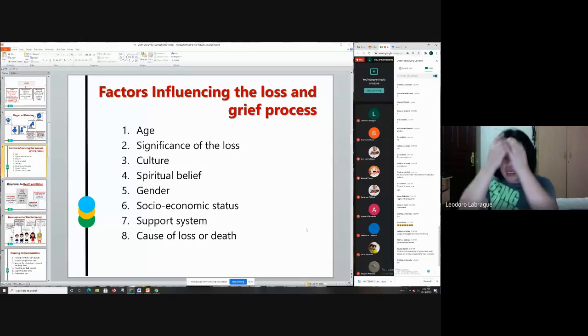Yes, Shaika says yes. It depends, but there are some cultures wherein expressing grieving, expressing bereavement is not really acceptable, especially in public places. That is how culture affects each other.